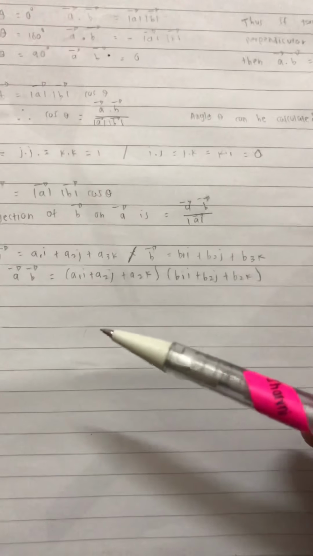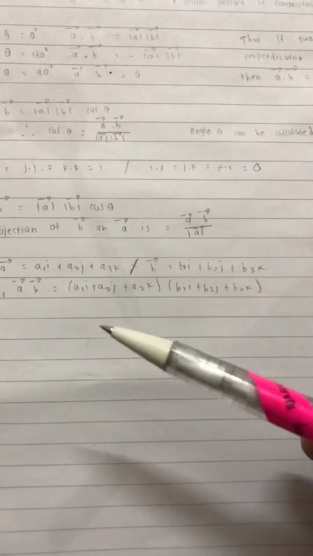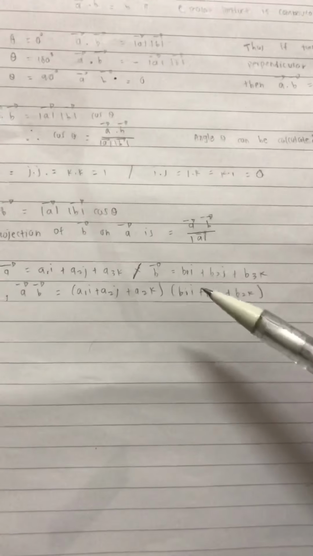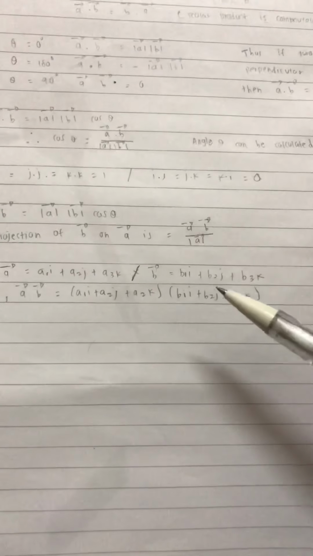After this, we just multiply it: a1i times b1i, a2j times b2j, a3k times b3k, and that's all from me.